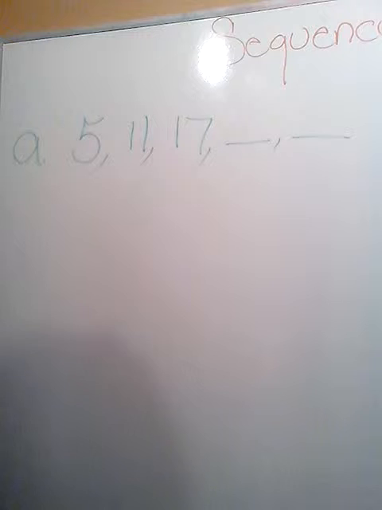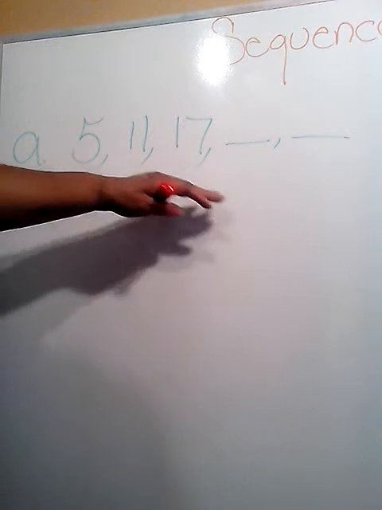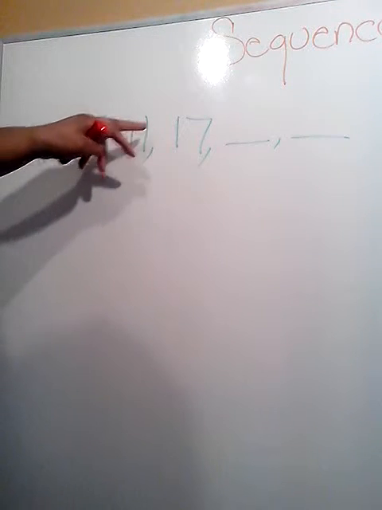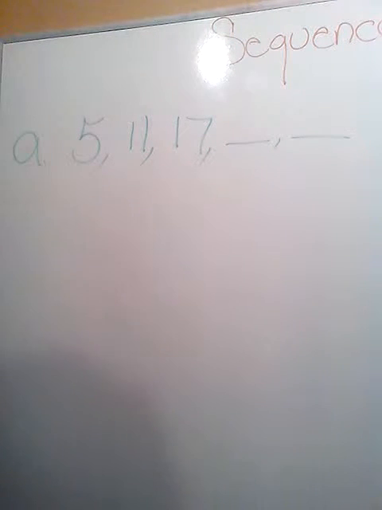Now notice that the number is getting larger. They can only be multiplying or adding to get this. Whatever you determine it is, it has to work for the next number as well. So I'm going to start with addition.